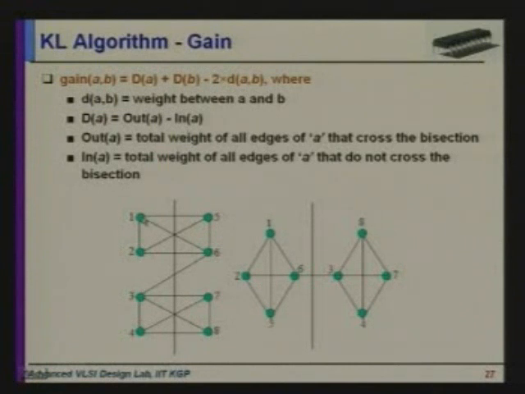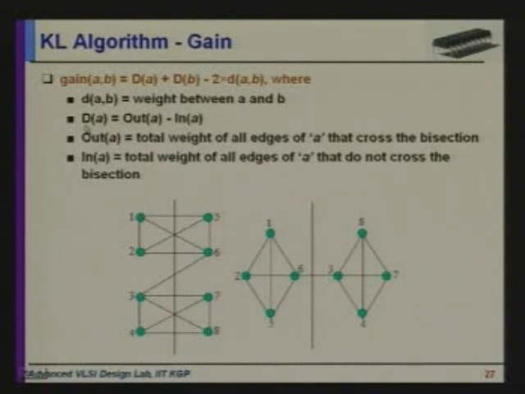For example, if I consider this node 1, the number of edges that cross the partition is 1 to 6 and 1 to 5. So out 1 is 2 and the number of edges in A, in 1, is 1, the edge 1 to 2, right.